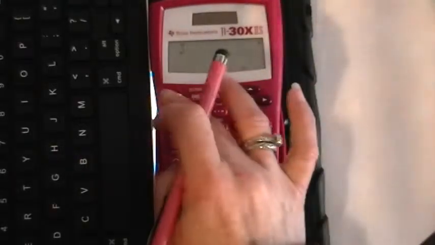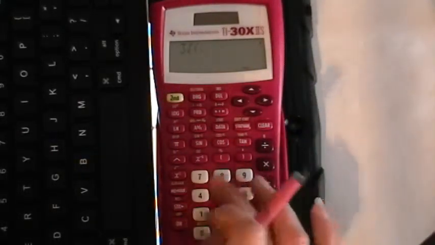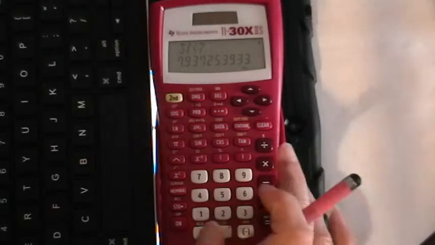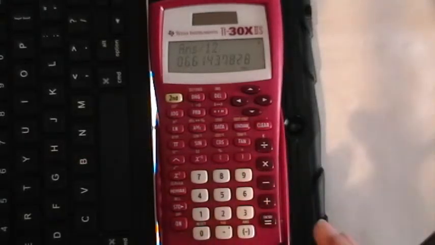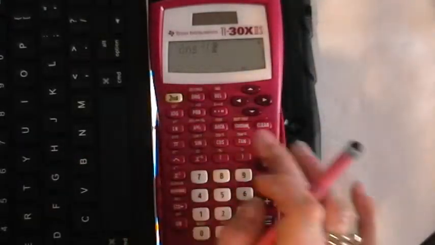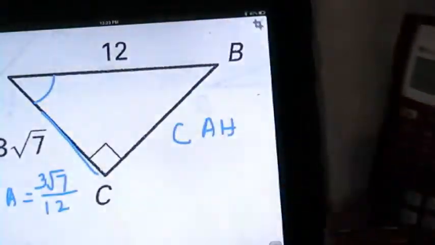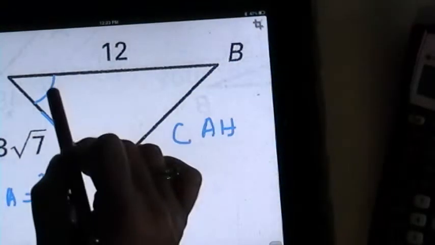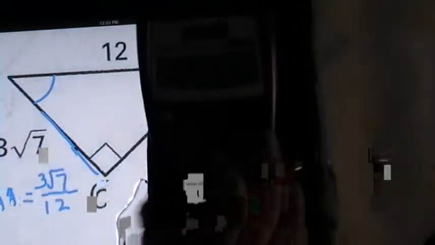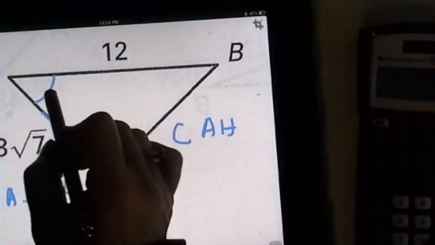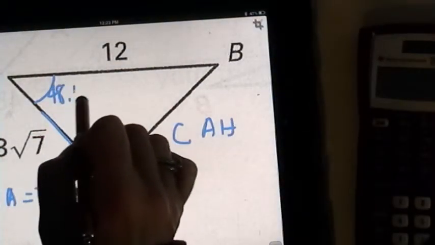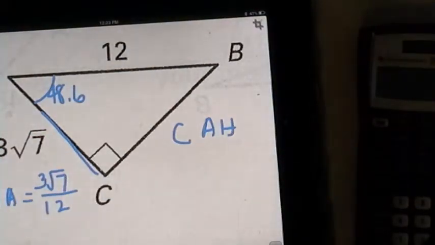Learning how to use all these different calculators at one time is an interesting venture. And then divide by 12, and then take the inverse cosine of that. 48.5. Okay, now the easy way, 48.59, which is 48.6. The easy way to find B then would be just to subtract.